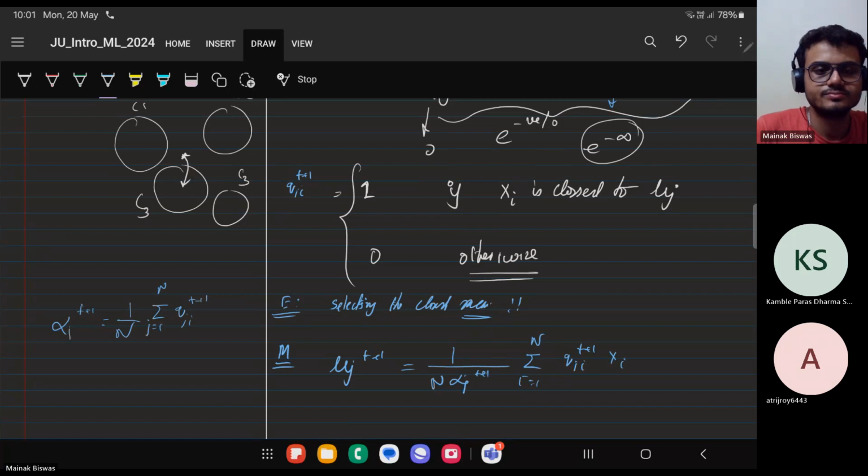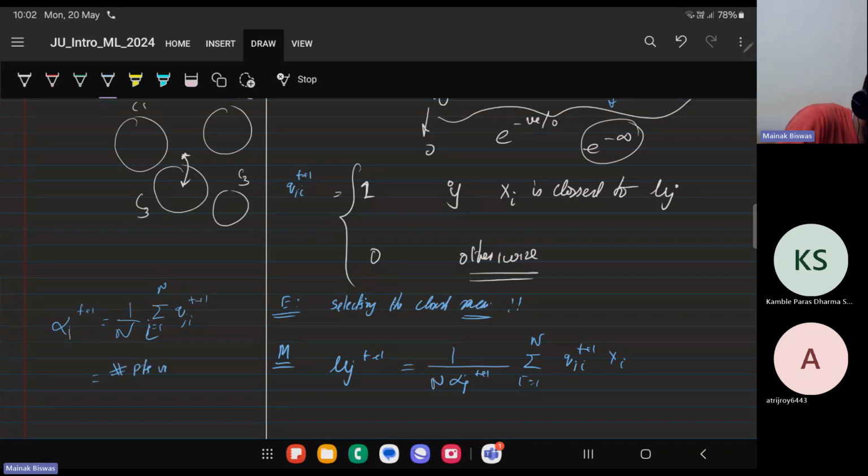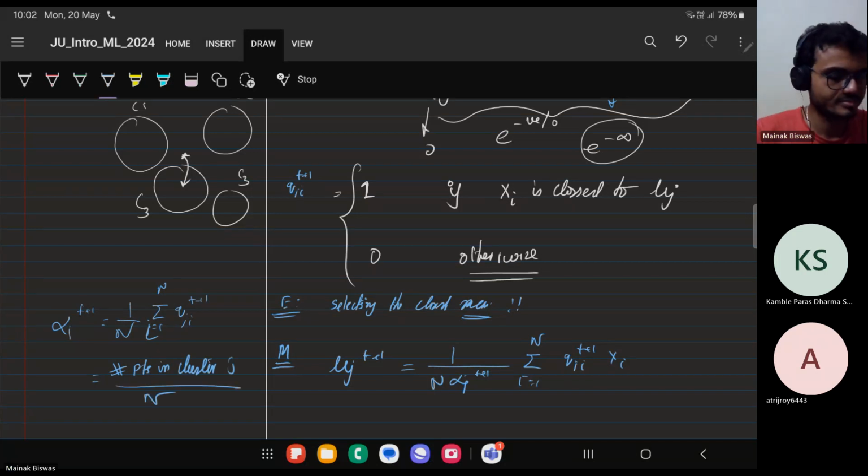So it is the number of points in cluster j divided by n. The numerator is all either 1 or 0.